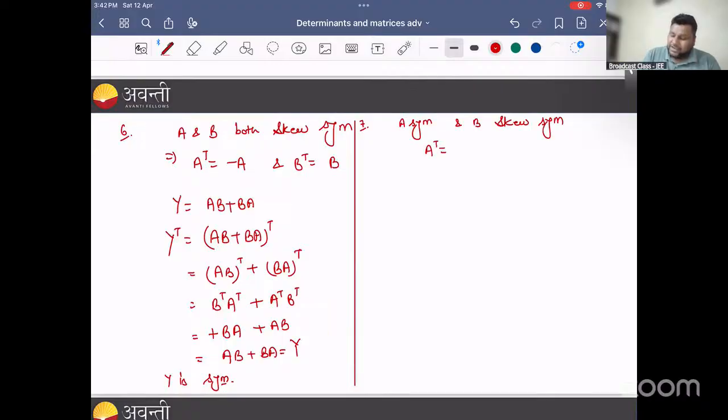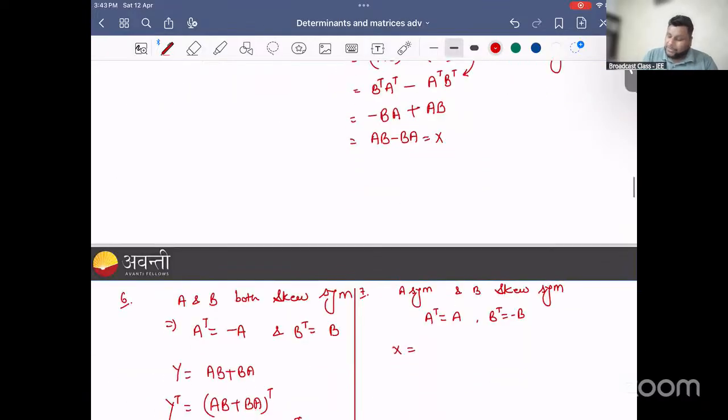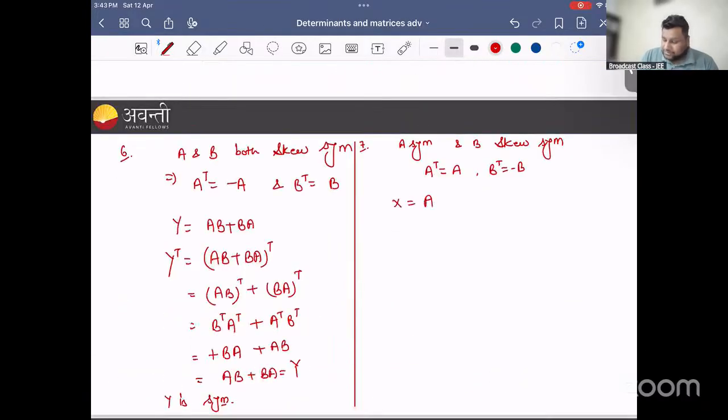That means A transpose is A, B transpose is minus B. Now let us assume we have the matrix X equals A^4 B^25 minus B^25 A^4. So what is X transpose? X transpose will be (A^4 B^25 minus B^25 A^4) transpose.